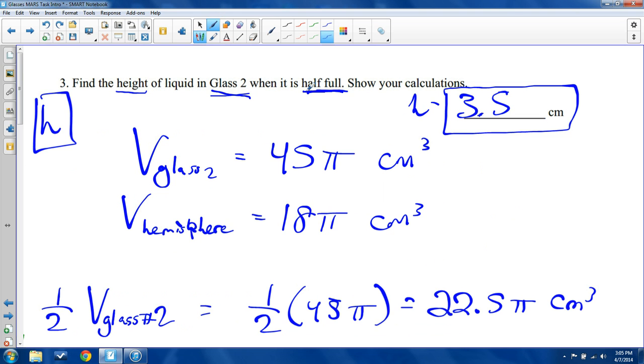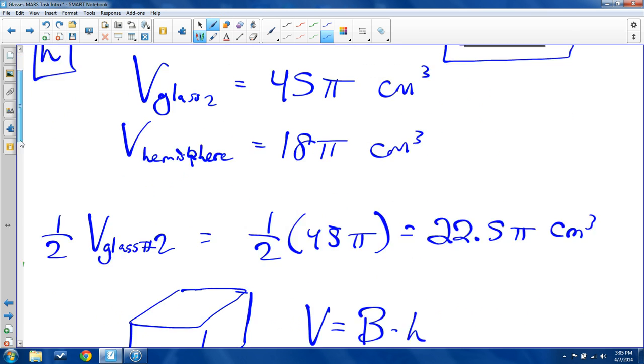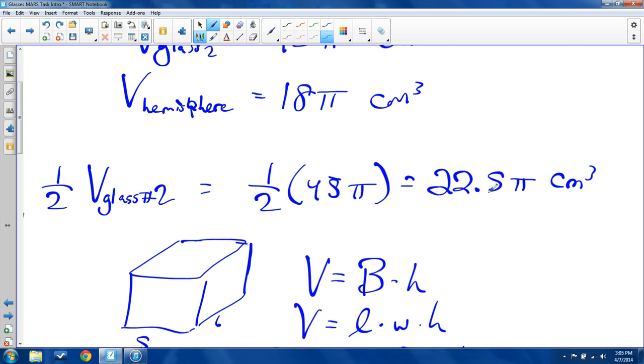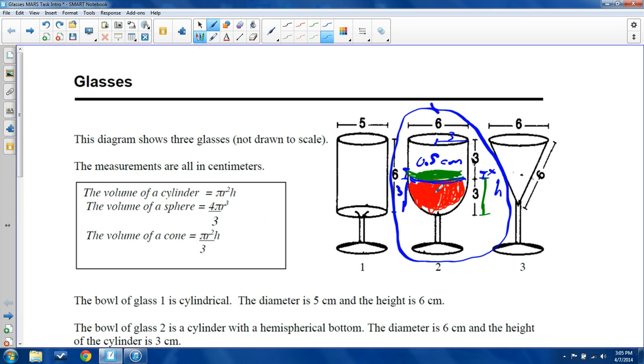So when we get half of 45 pi, we have this volume, take half of it, you get 22.5 pi. This is the volume of the liquid when it's halfway full. So again, that's what that means. Okay? So we're going to use this number in a second. This number represents how much liquid we have poured into this entire thing. We have to find out how tall it is based on that.